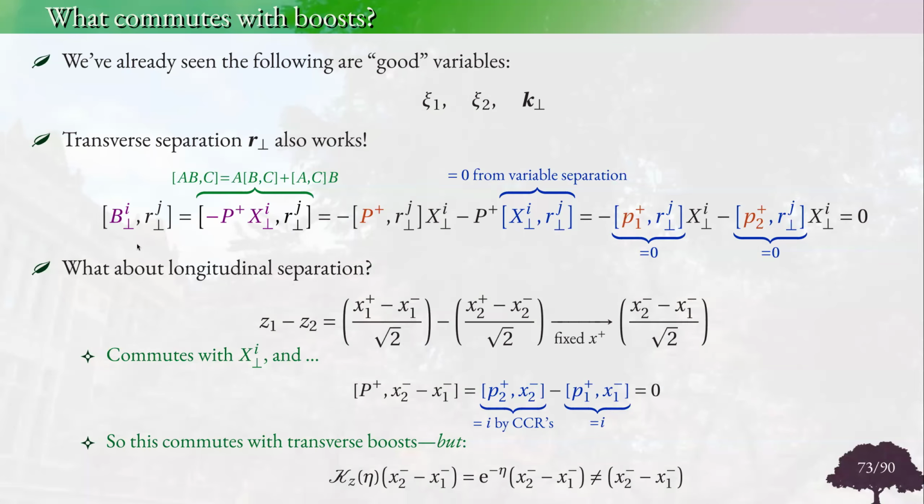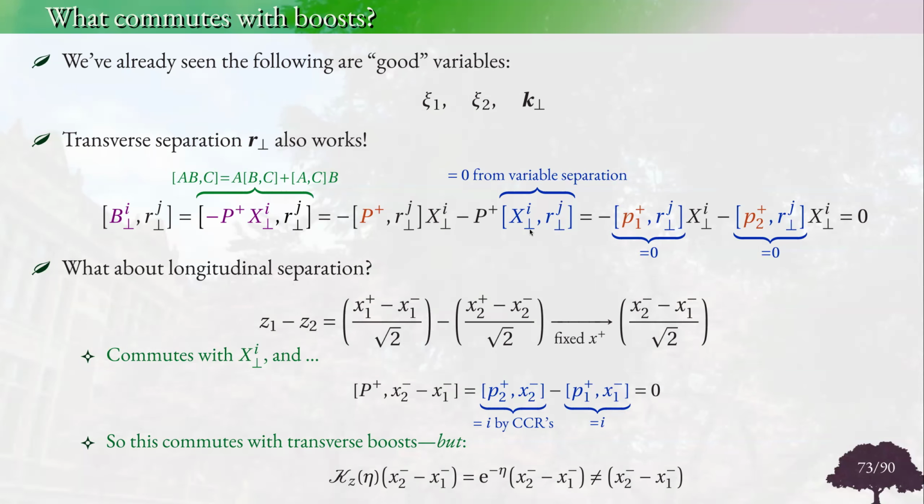With the boosts, you use the total x perp because a boost affects everything. So you can write this out in terms of its definition. This should be p plus to the minus 1 here. No, that's right. It should be p plus because x perp has the minus 1. So it's times p plus. So you use this AB comma C relation to break it into two terms.